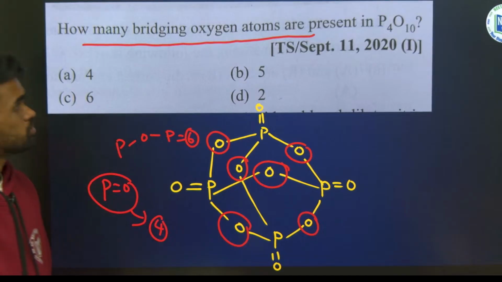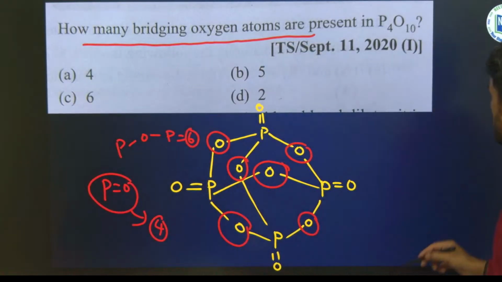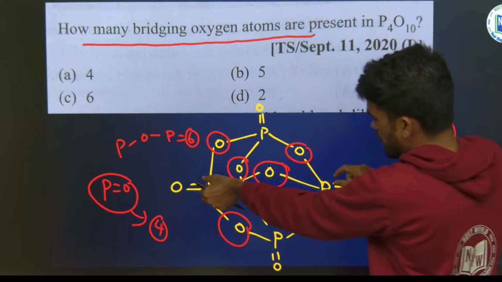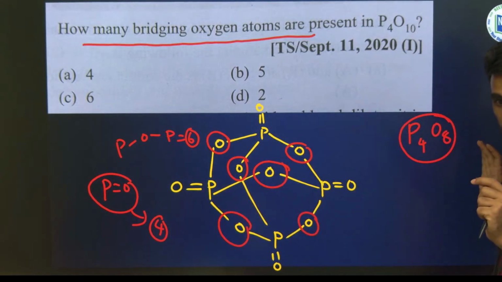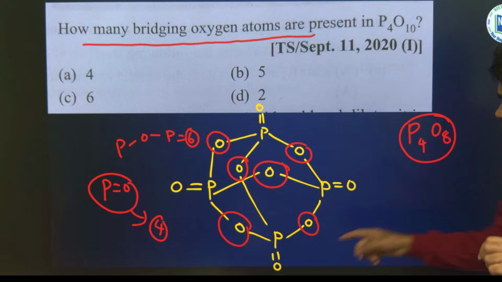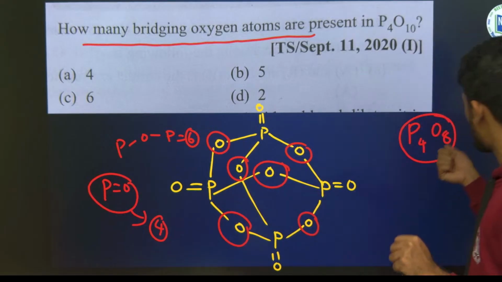Now similar question I just want to ask you for P4O8. If they ask for P4O8, you simply remove 2 P double bond O bonds, that's it. It means the number of P-O-P bonds will be same, but P=O bonds will be 2 only, because 2 will be removed when I say P4O8.